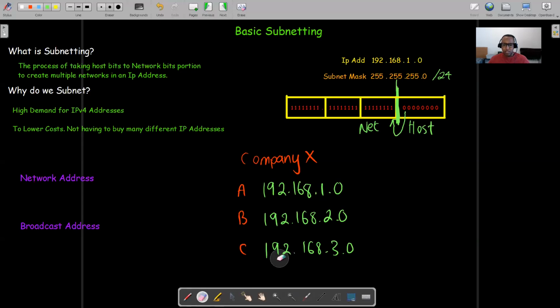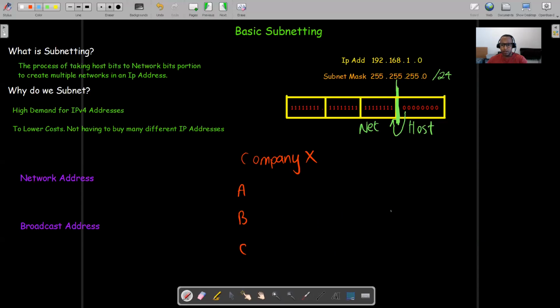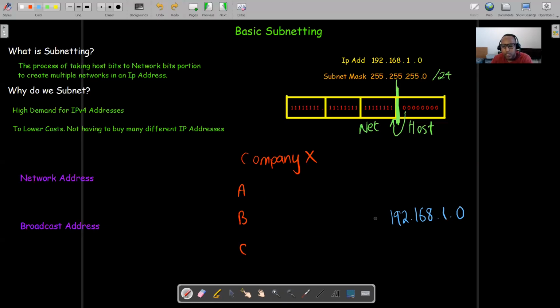So what companies can do now, instead of buying 3 different IP addresses, is buy 1 IP address, let's say 192.168.1.0. We can say that the first department can be assigned the first part of the network, 192.168.1.1 to 20. And then the second department can be assigned the next part, 192.168.1.21 to 40.